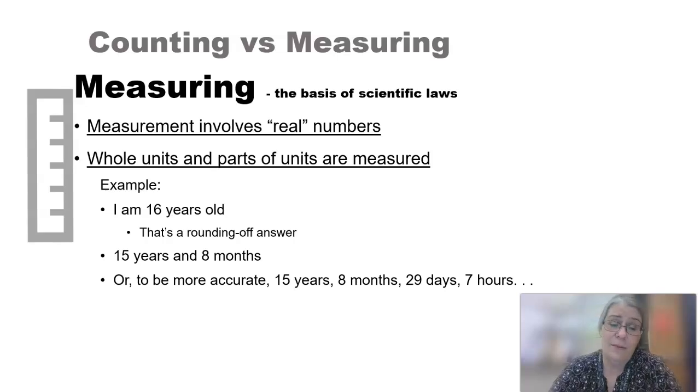I like to give this example because it's fun. My husband and I have the exact same birthday, but we're not the same age. He's older than me. So once we had been dating for a while, we actually did decide to pull out our birth certificates and figure out exactly how far apart we were in age, even though we had the same birthday.